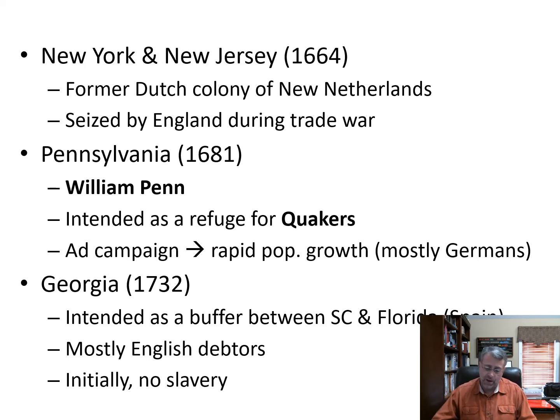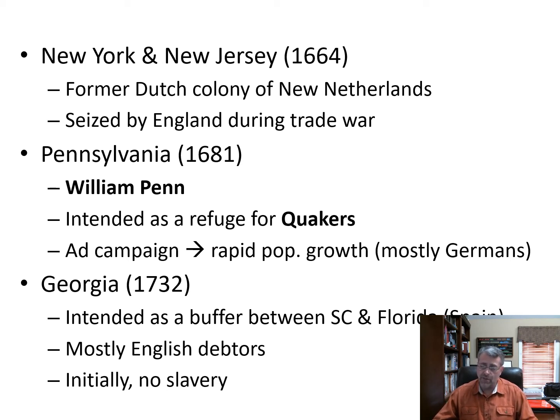Plus, South Carolina supports this idea as well. If slavery is prohibited in Georgia, then there's not supposed to be any slaves there at all. So if there are any slaves in Georgia, they have run away from South Carolina plantations. And they anticipated this being a problem because Spanish Florida was also a free territory.